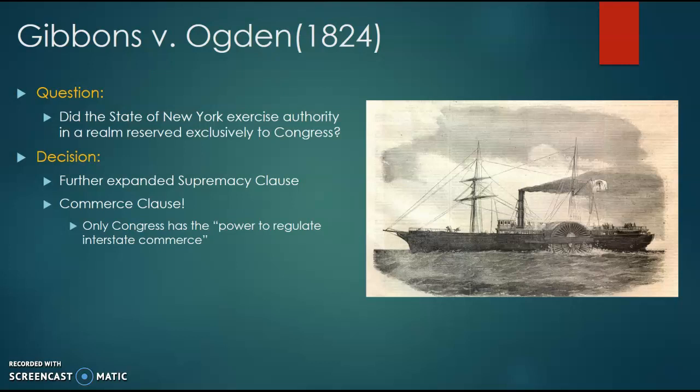That part of the Constitution where the Supreme Court pulled language directly from the Constitution basically became known as the Commerce Clause. And that part is basically saying that Congress has the power to regulate interstate commerce, not the states. So New York, you're out of bounds.